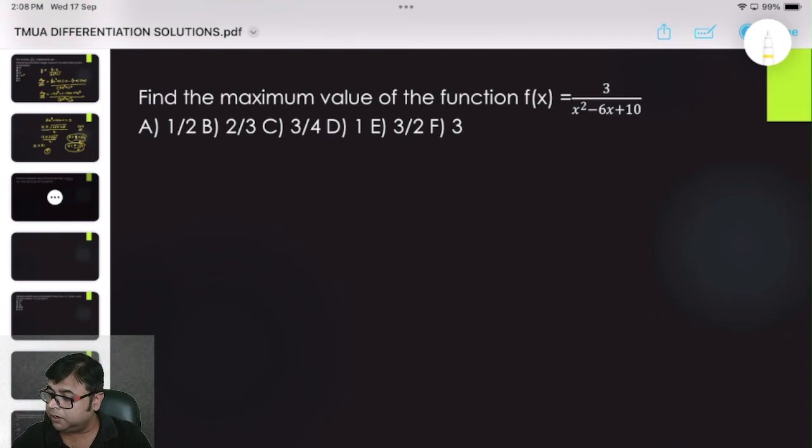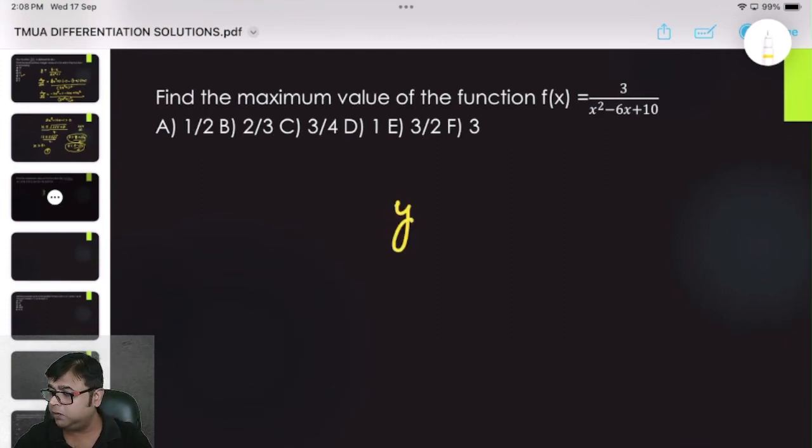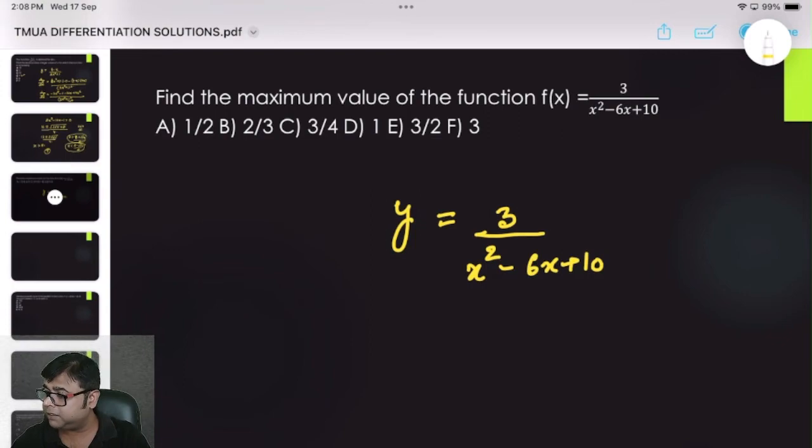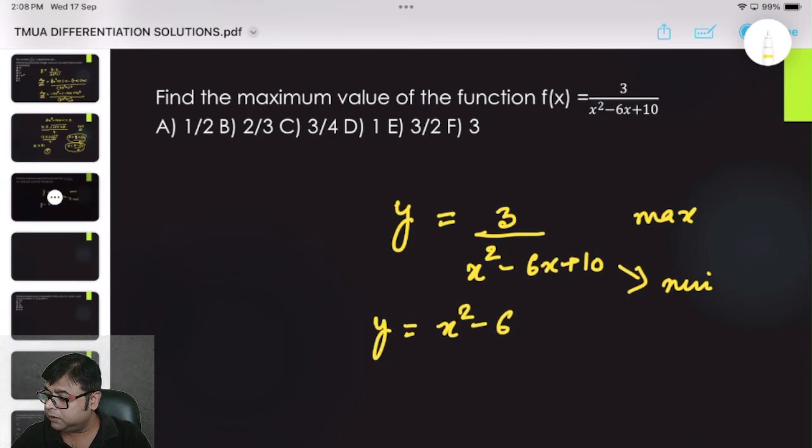So we have y is equal to 3 upon x square minus 6x plus 10. This is what the function is. In order to maximize this function, we need to minimize the denominator.